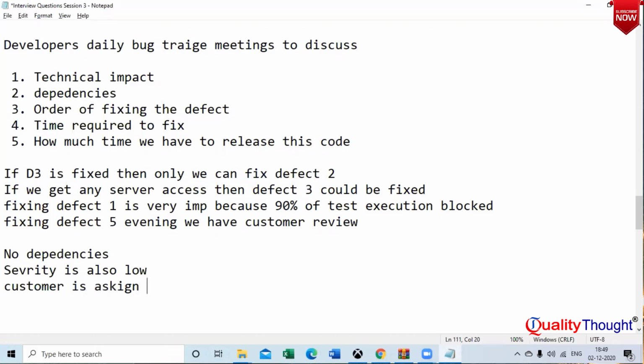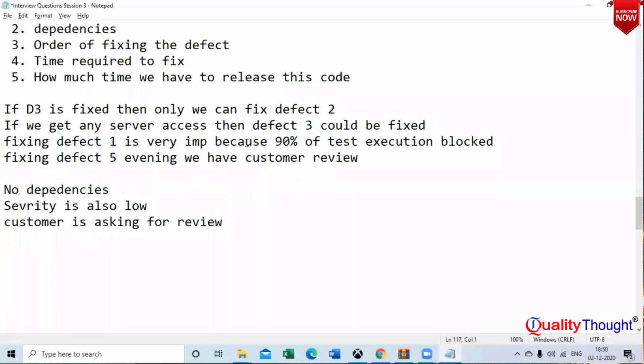It's low severity and many end users are not affected, but the customer is very focused on that, and by the end of today we have to release. Let's say a simple example: we are working on a 3 week sprint, 3 week release cycle, 3 week iteration, whatever it is.